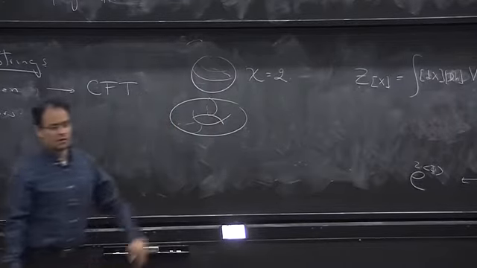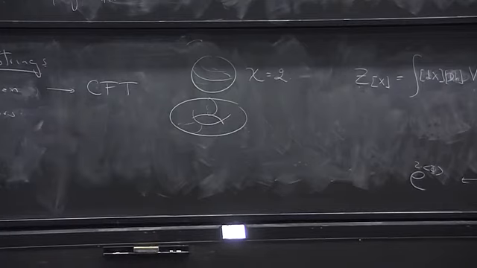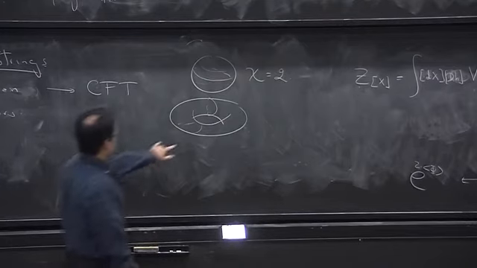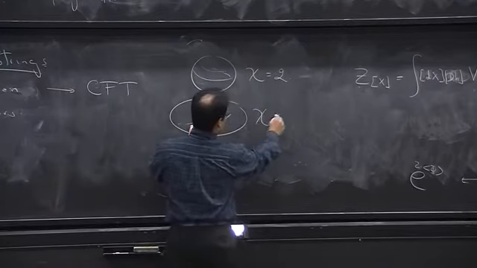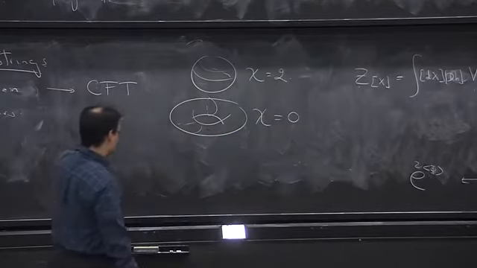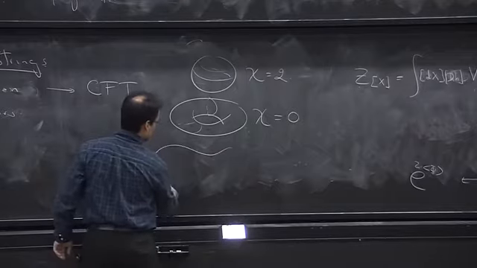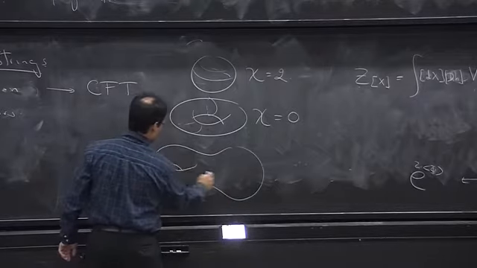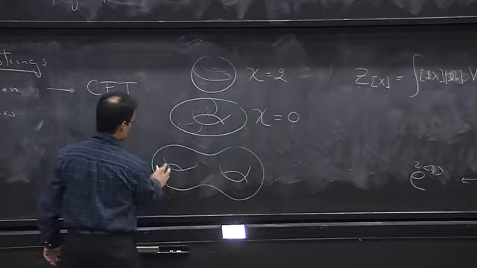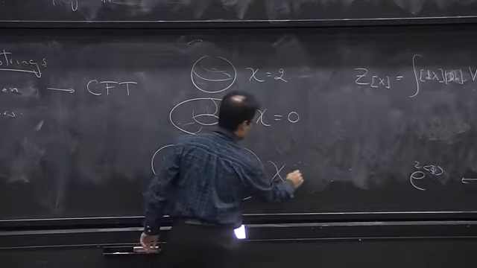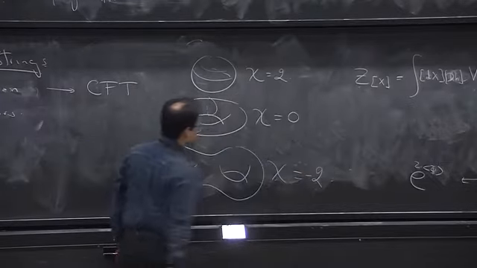We could have chosen a torus. Why not? If we did that, we would get chi equals 0, right? Now we can keep going and make more and more complicated choices for our world sheet, and so on.